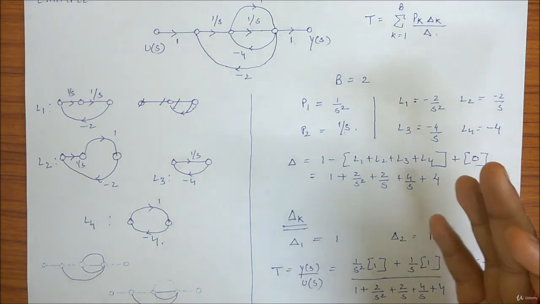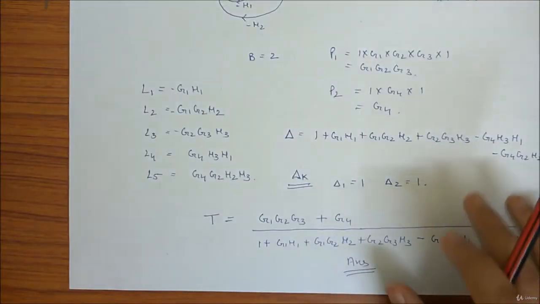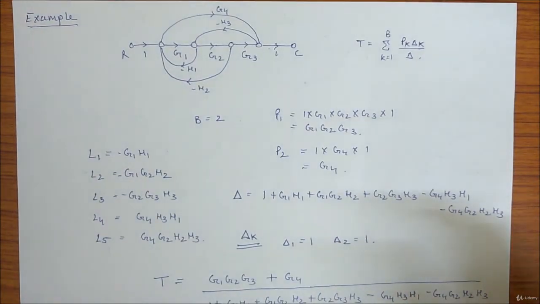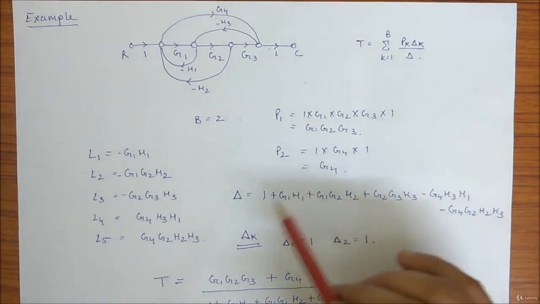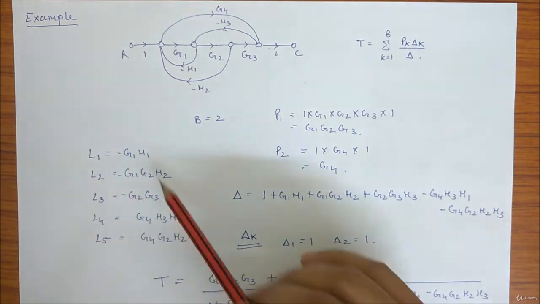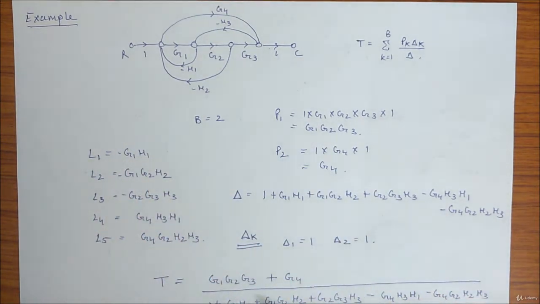In the next example, I will show you how to write directly. I won't draw the loops. In this example, you can see I have not drawn the loops. I directly wrote the P's, deltas and delta k's. In most scenarios, I will write this, else I will put the direct values here and here.